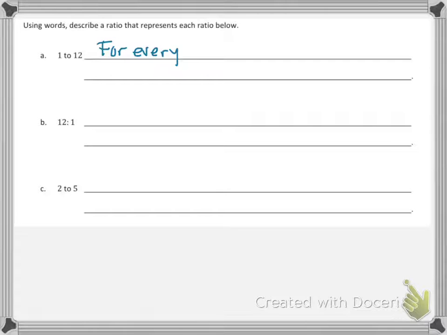So if I start my description like that, I'm going to be talking in good ratio language. Everyone's going to understand what I talk about. So in this case, I'm going to compare the value of 1 to 12.